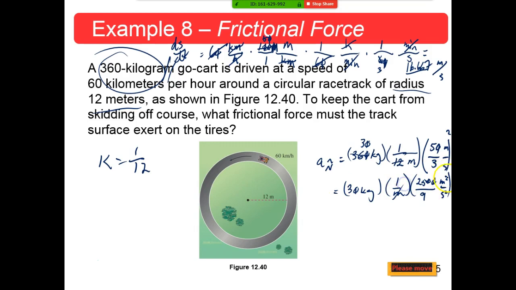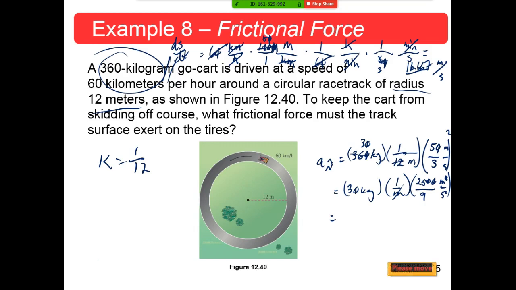This meter is going to wipe out one of those meters, and what you have then is a kilogram meter per second squared. Does anyone recall what that is? Those who have had physics ought to recall this. It's a Newton.